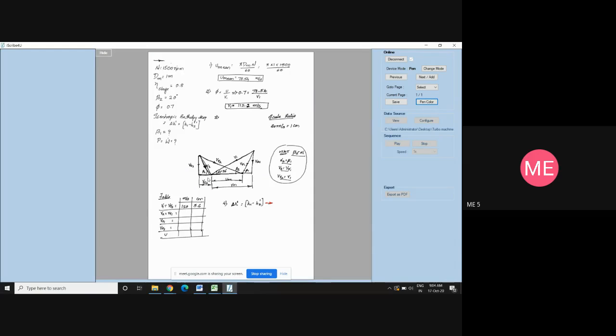If P1 and P2 are given, then make use of steam tables, you know how to do that. Now P1 and P2 are not given in the question, so I cannot make use of the steam table, but there is some other formula to use.